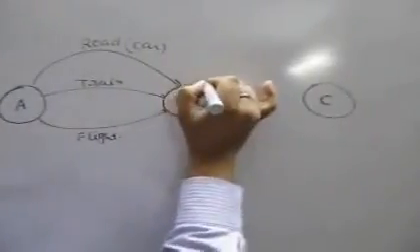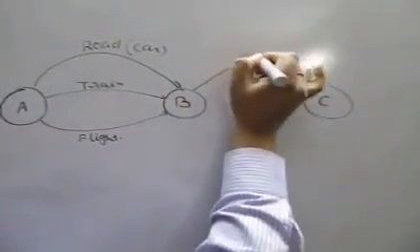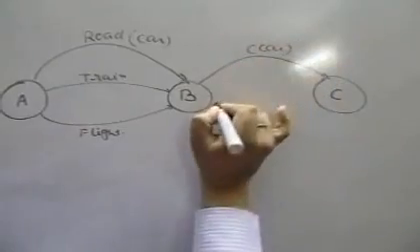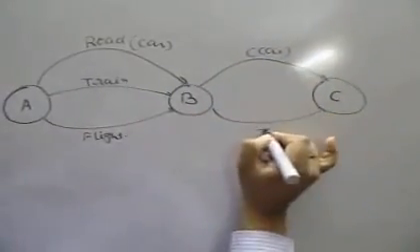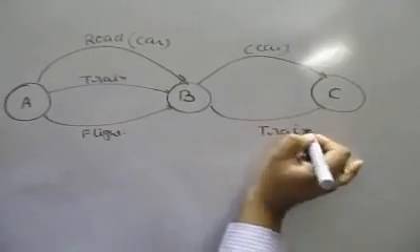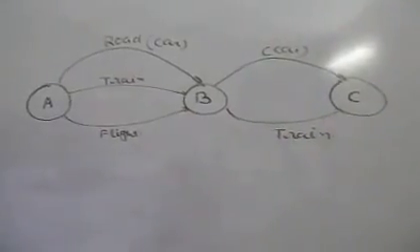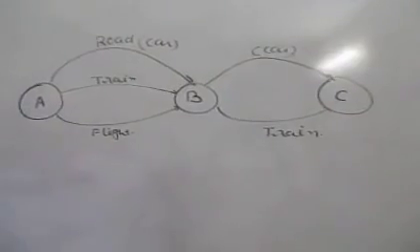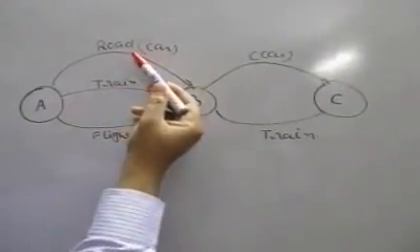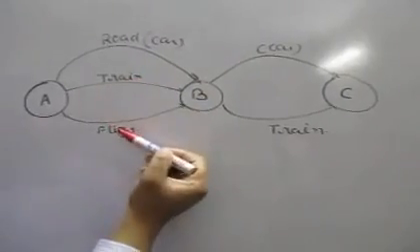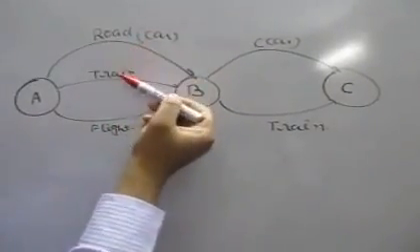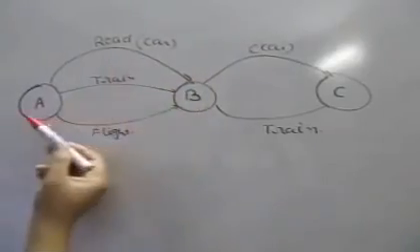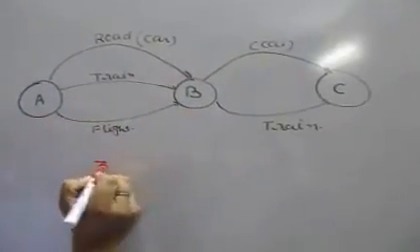From B to C, we have only two ways, that is car and train. Now if I ask you in how many ways you can come from A to B, your answer would be you will take either road or train or flight. This "or" represents either this or this or this, which means the total number of ways from A to B is 3 ways.